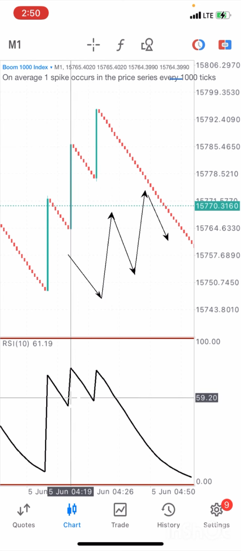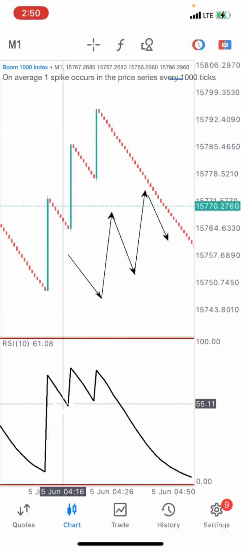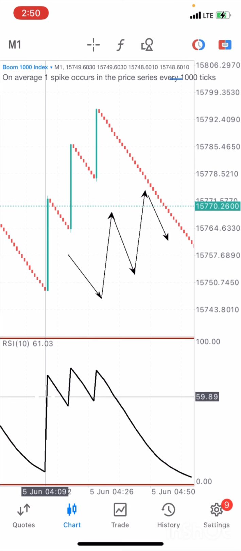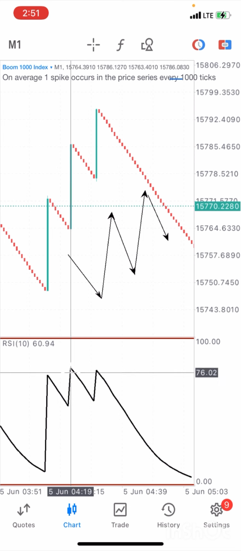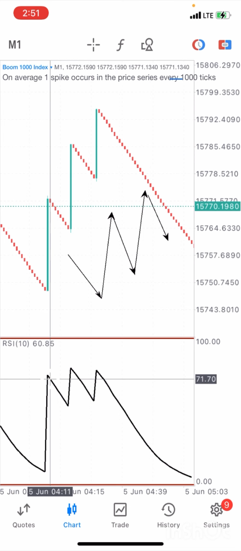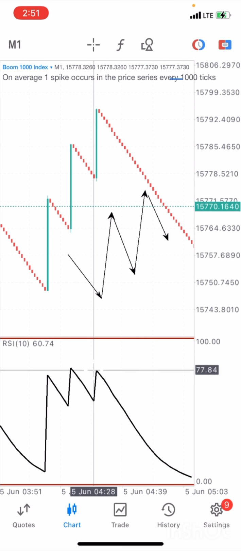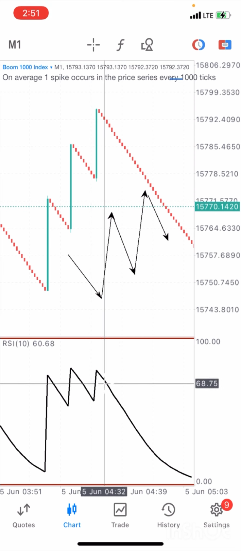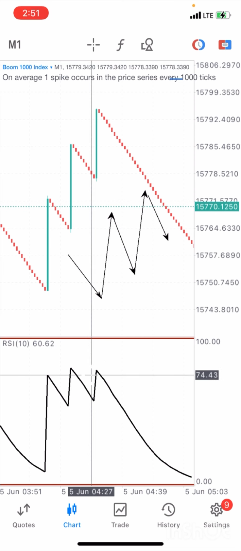Now notice also that on the indicator window, the second high was higher than the first high, but the next high was lower, right? Now this shows you that the spikes have come to a place where it lacks momentum. Momentum on the buyers has reduced. There is no more really serious buying pressure, and the spikes will now become minimal.